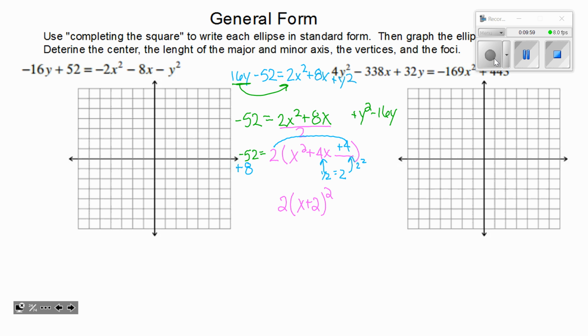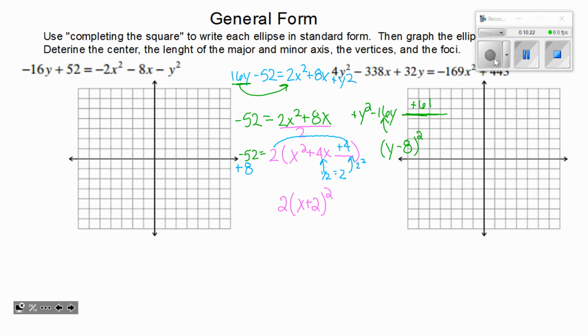And then I've got to figure out what's going on the y side over here. So I need to say, what would I add over here to make this a perfect square? Again, we're going to cut 16 in half, and I get 8. So I want this thing to be a perfect square, y minus 8 quantity squared. But when I do that, this 8 squared is 64.